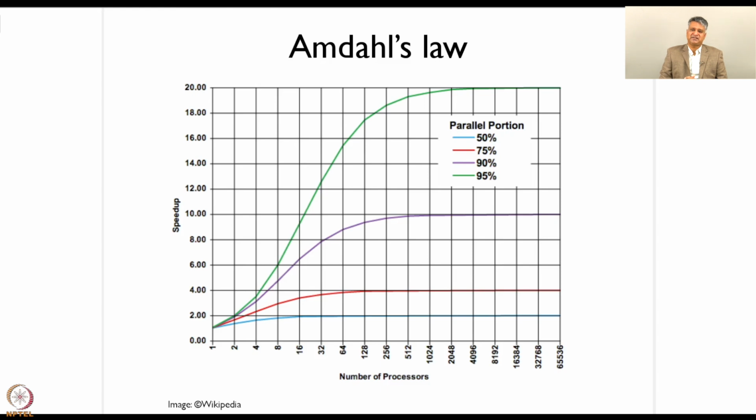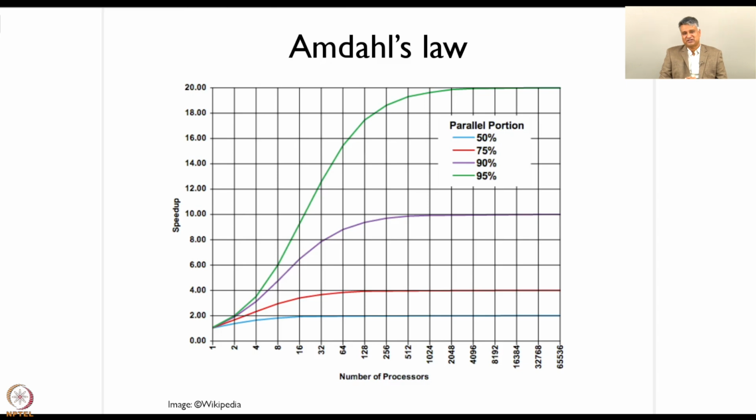And this is one of the basic mistakes that researchers and users of high-performance machines make. They see that they have access to hundreds of processors and they immediately tend to use all the resources that are available to them. They will throw a large number of processors at the problem only to realize that they're not going to get any performance speedup.